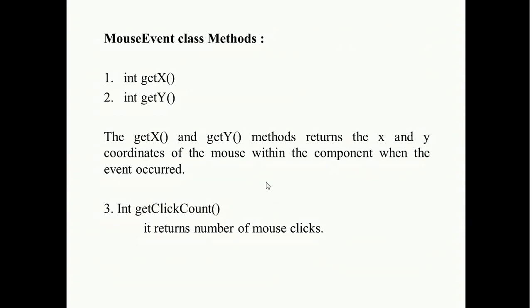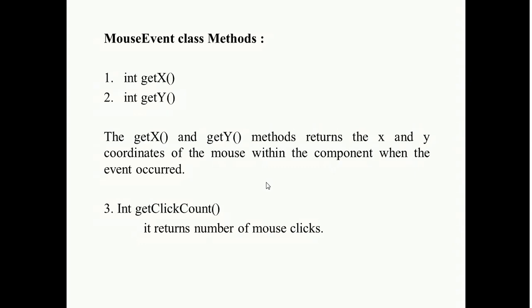Next are the methods of the MouseEvent class. There are three methods of the MouseEvent class. First is int getX, second is int getY, and third is int getClickCount. The getX and getY methods return the x and y coordinates of the mouse within the component when the event occurred.